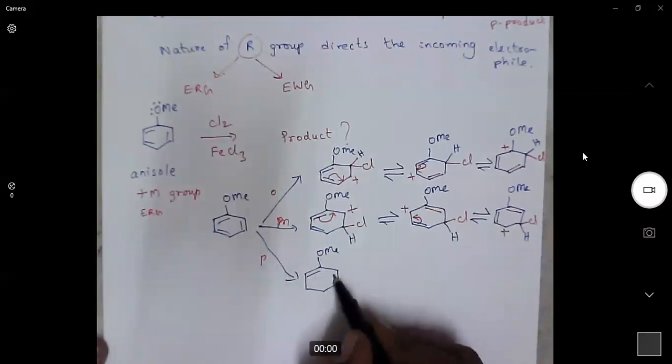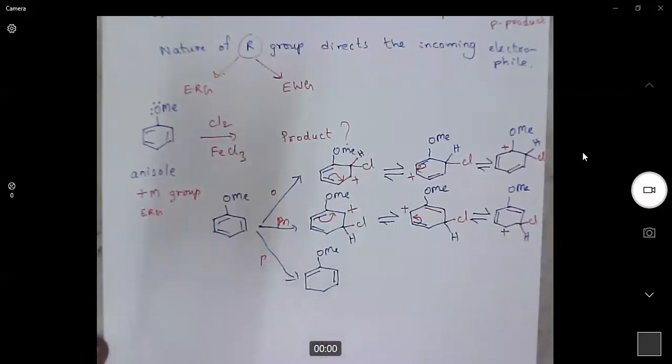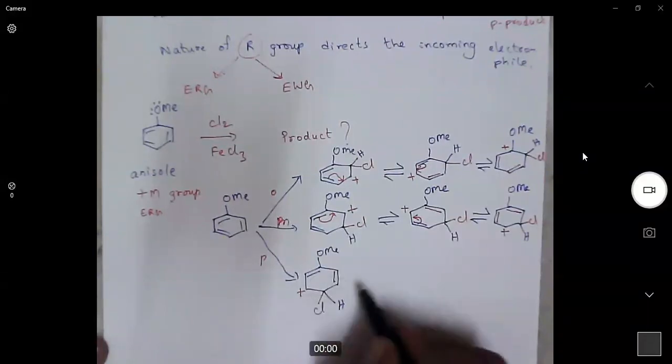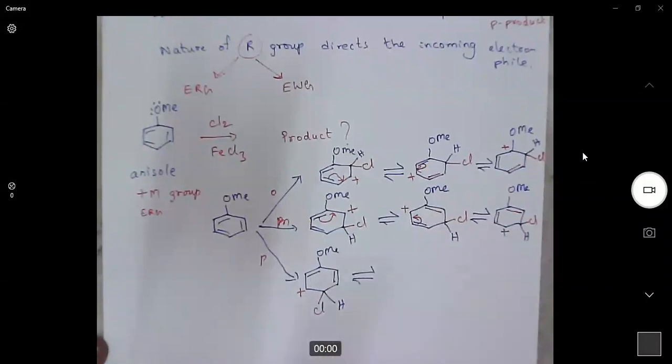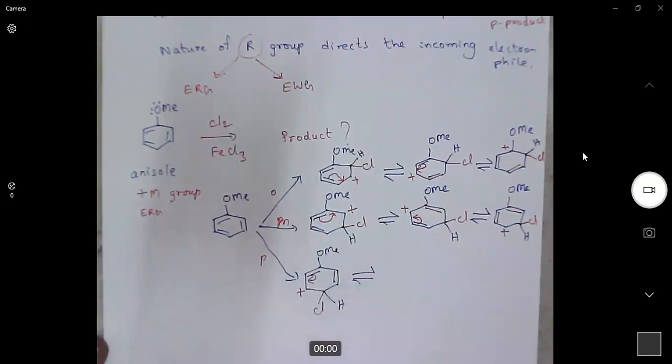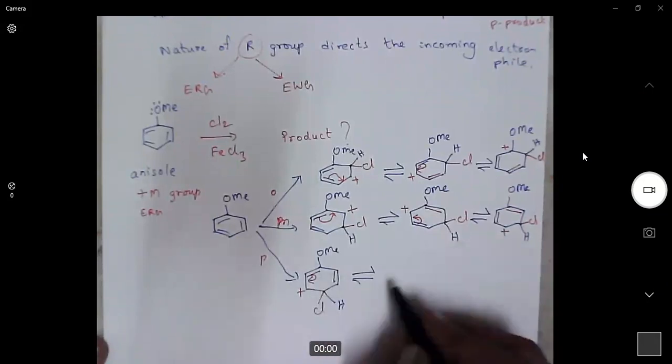This double bond and this double bond, they are intact. And we are adding chlorine here. So a positive charge will be generated here. Now this positive charge and this double bond are in conjugation. So we can write a resonance structure by polarizing this double bond.